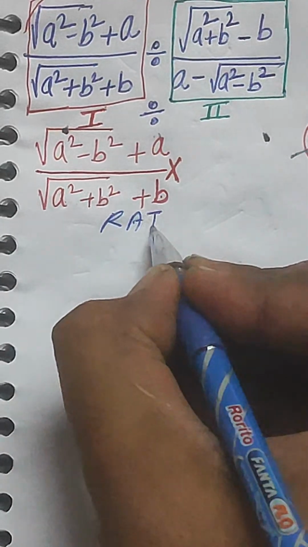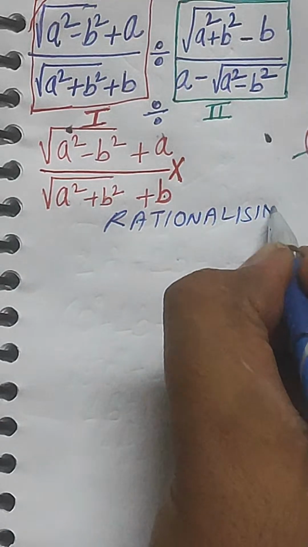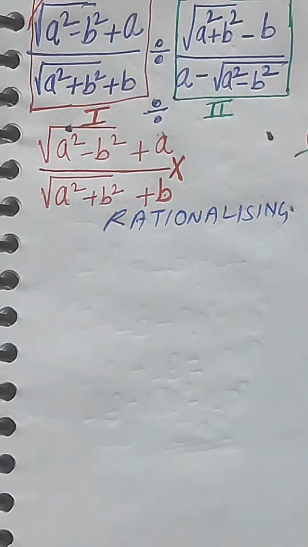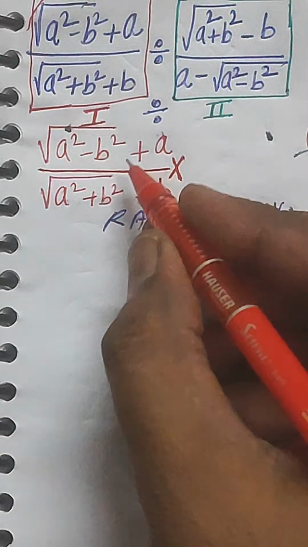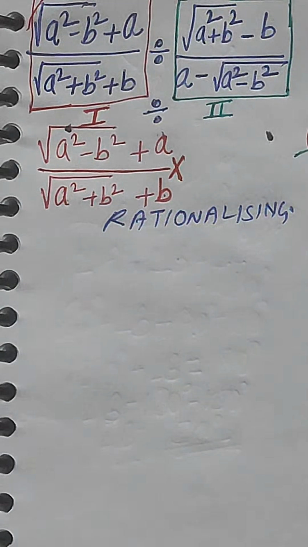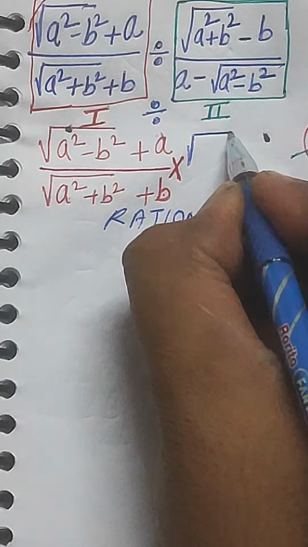On rationalizing, this expression will be root over of a square minus b square plus a divided by root over of a square plus b square plus b. So multiply it with its conjugate. So what will be the conjugate?